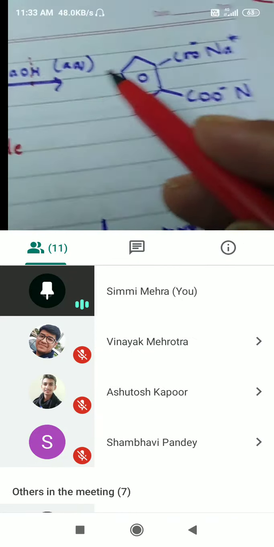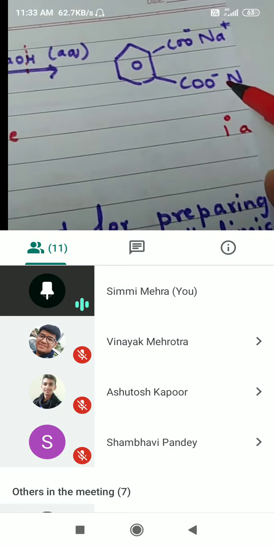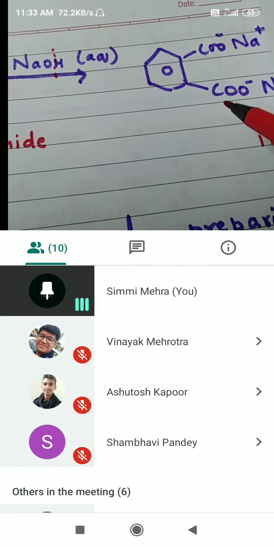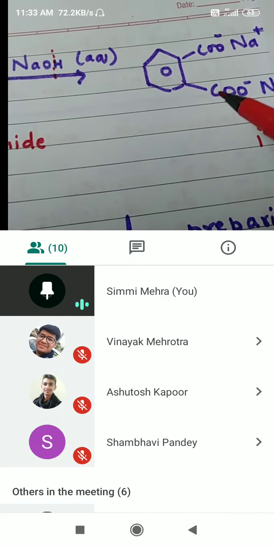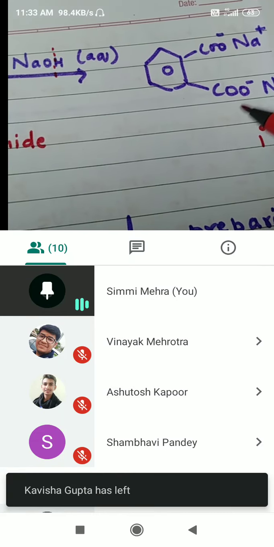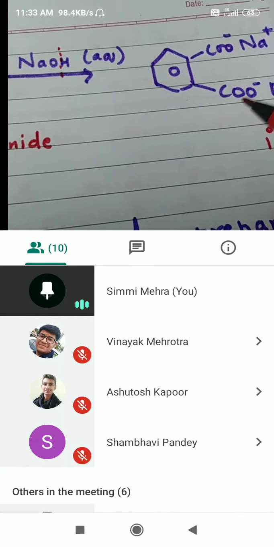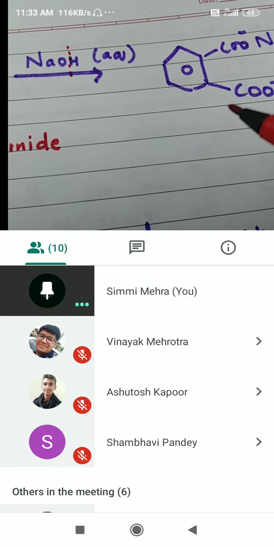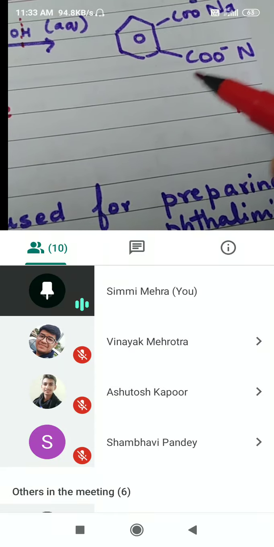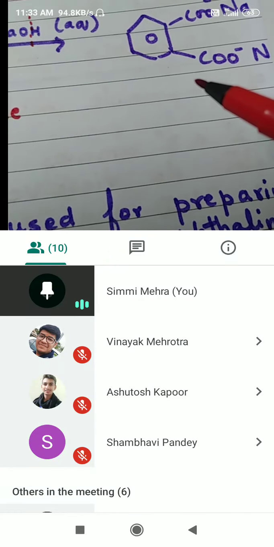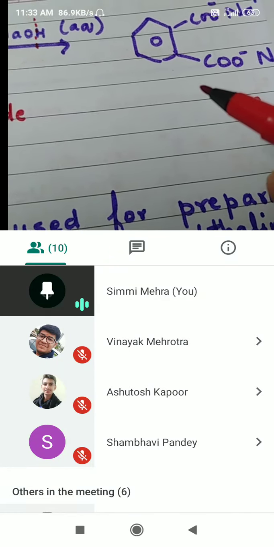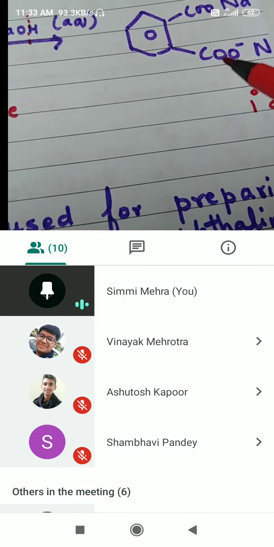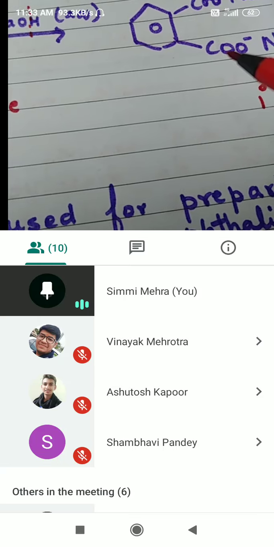Hydrolysis with NaOH will result in the formation of sodium salt, and then when treated with an acid, COOH and COOH will be formed. That is, phthalic acid is formed. Again, phthalic acid can be treated with ammonia and phthalimide can be formed. So this reaction is very, very profitable, and it is used to produce primary amines on a very large scale, because the product formed is again used to start the reaction.